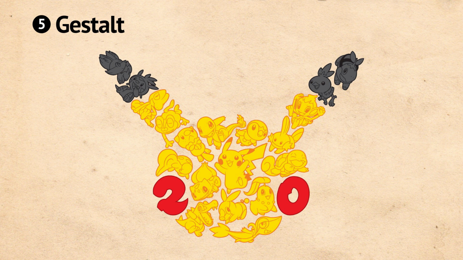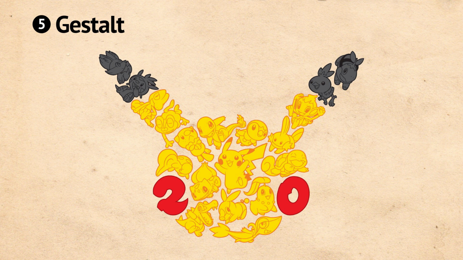Okay, let me show you an example first. This is an image from the Pokemon, I think 20th anniversary. And we can see that the different starter Pokemons are kind of grouped together in different colors to form a silhouette or a shape of Pikachu. And you can see the numbers 2 and 0 forming the red cheek of Pikachu.